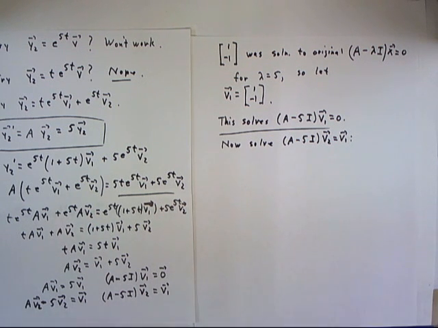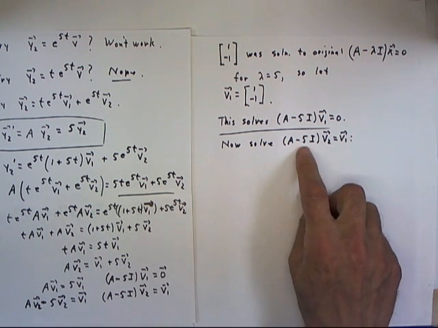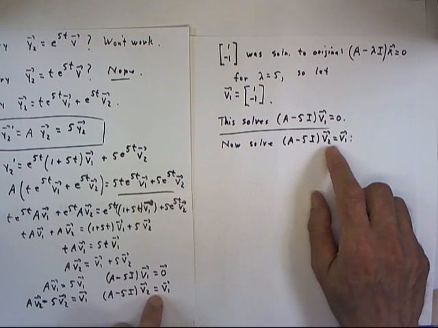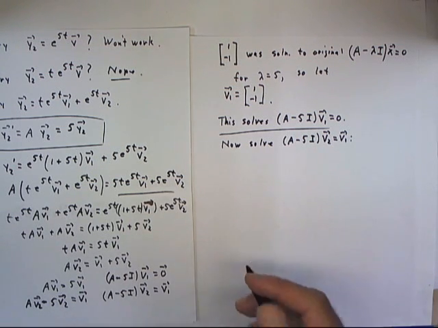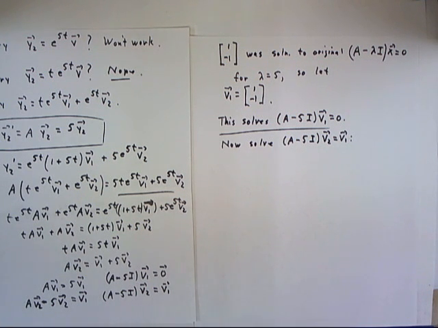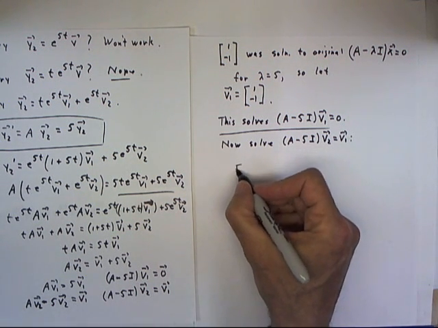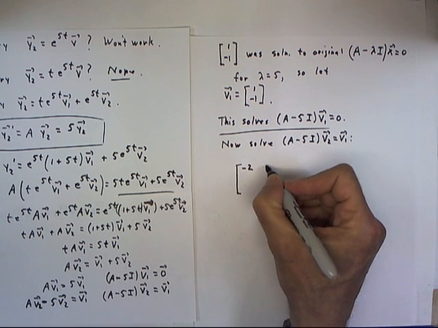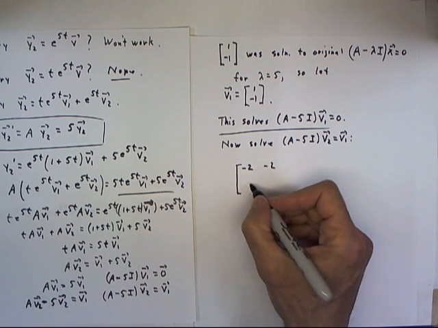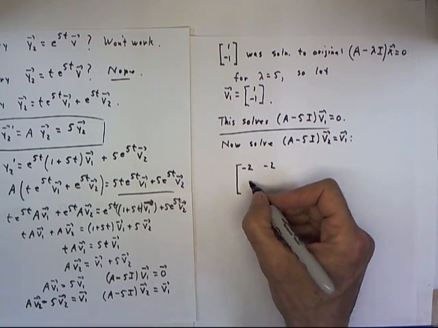The solution to the second equation, which is (A - 5I)V2 = V1, becomes what? Well, A - 5I, just as before, is the matrix [2, 2], right?